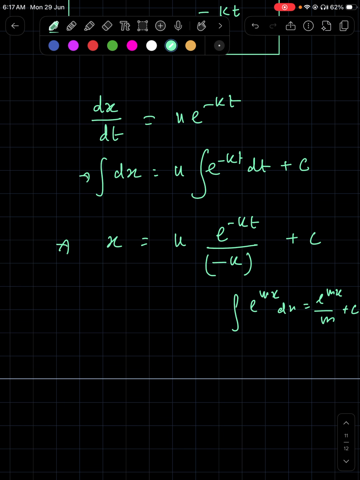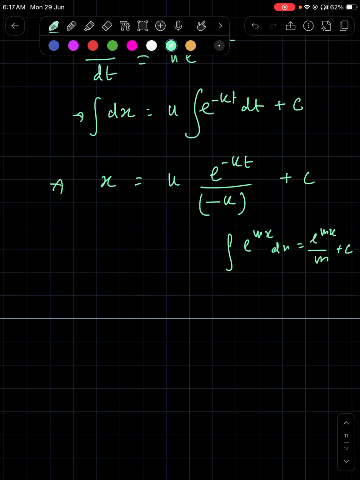That is why. I should write the alphabet properly so that you are not confused. That is k. So x becomes minus u by k e to the power minus kt plus c.